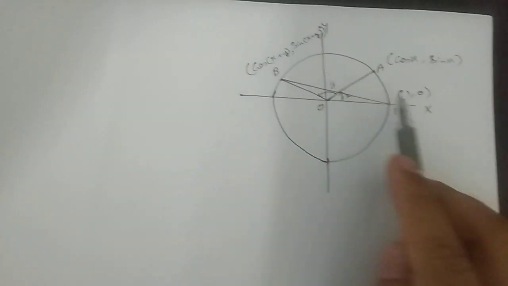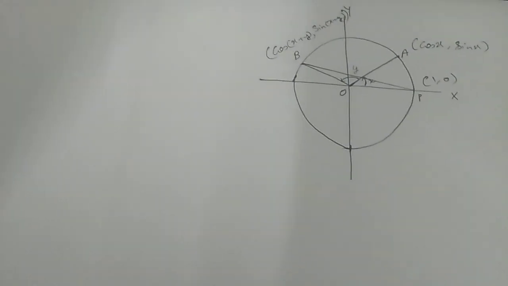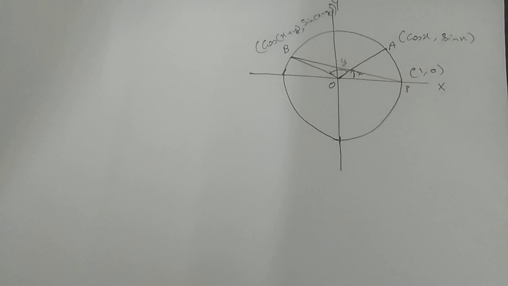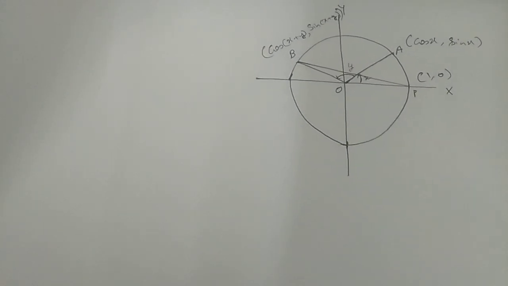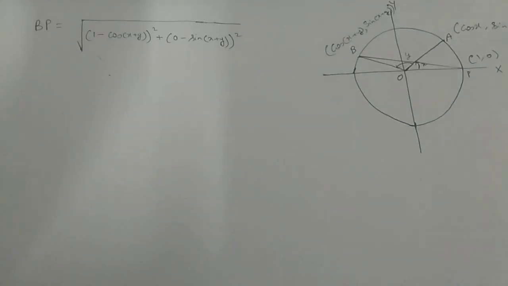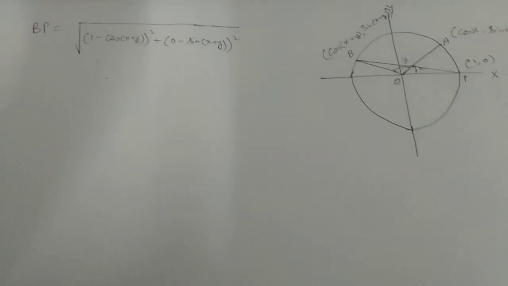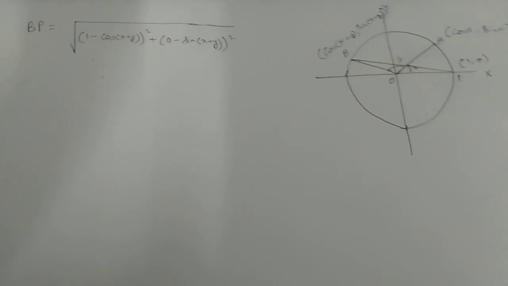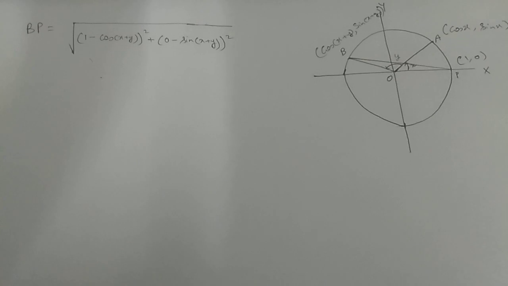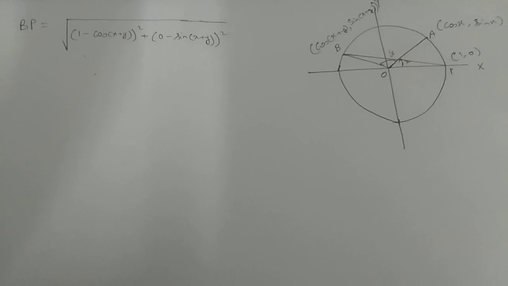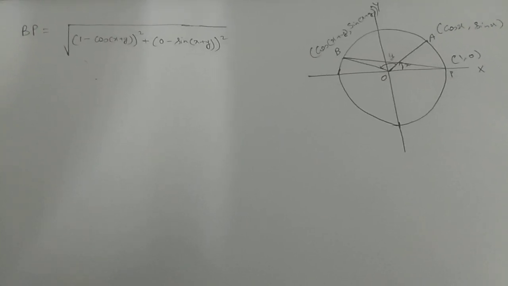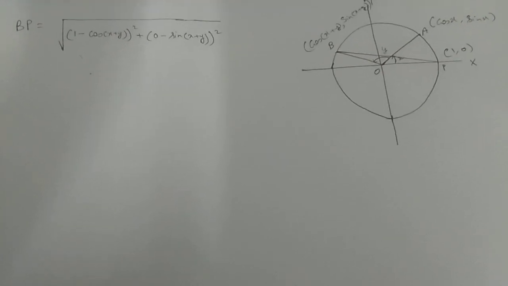Now by applying distance formula, we can easily determine the length of BP in triangle BOP. So applying distance formula, we can write length BP is equal to square root of (1 minus cos (x plus y)) whole square plus (0 minus sin (x plus y)) whole square.